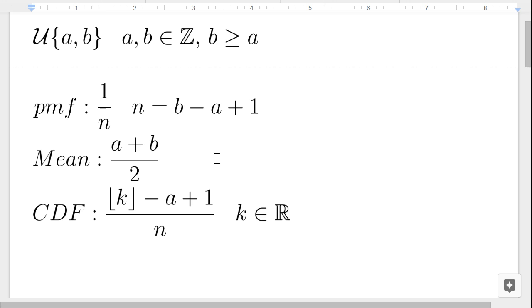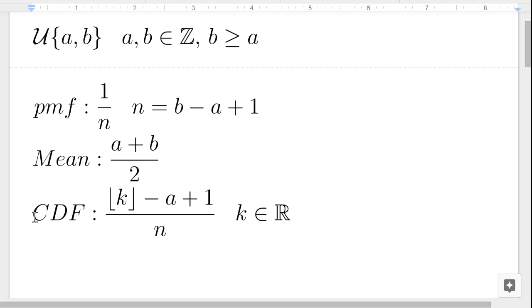So the average roll on a d20 is not 10, it's 21 over 2, or 10.5. And that doesn't mean that 10 or 11 are more likely. It just means that, well, if you rolled it a bazillion times, added them all up, divided by how many rolls you made, it would tend to 10.5.